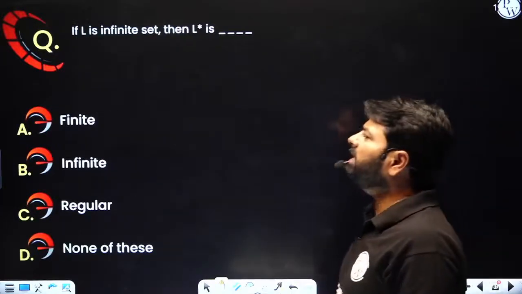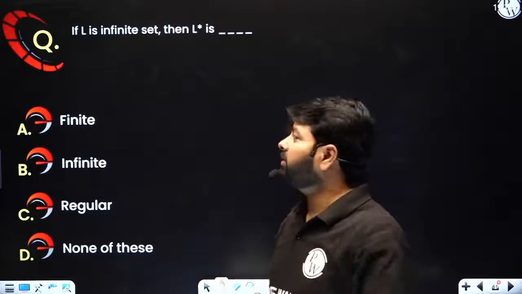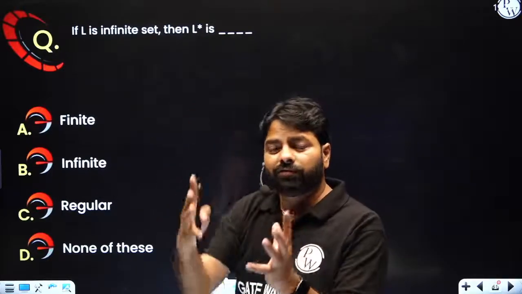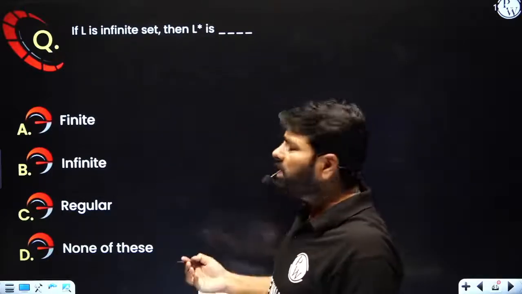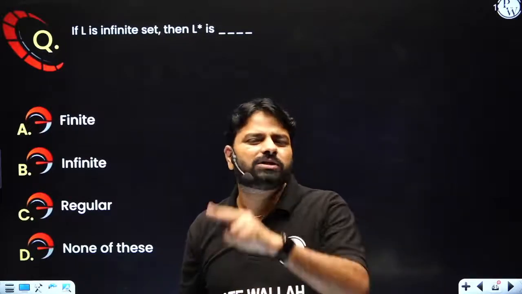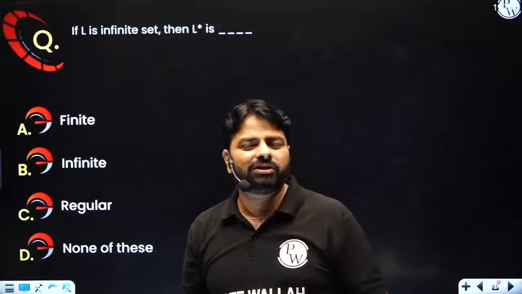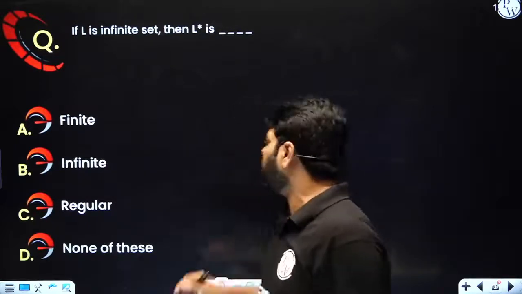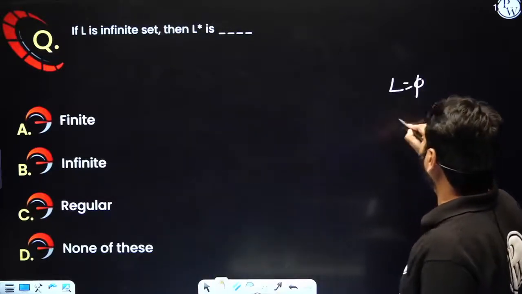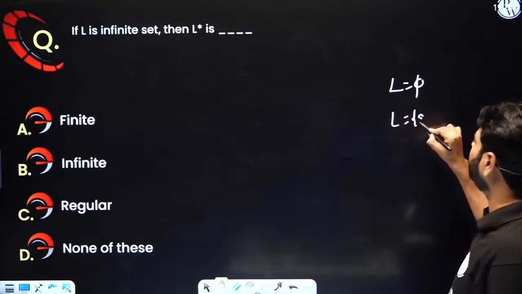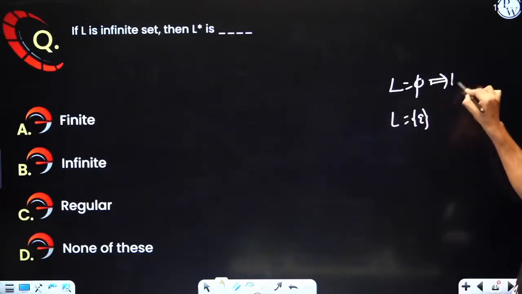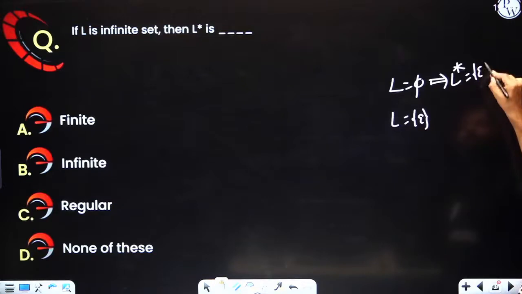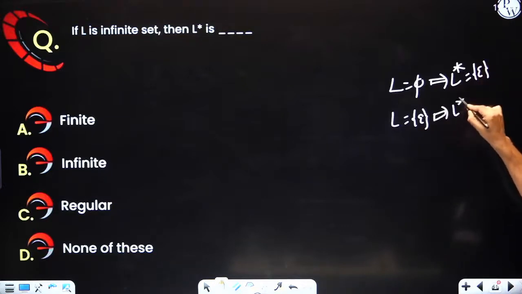Next, if L is infinite, then Kleene closure of infinite. First, I'll tell you why the Kleene closure of a finite set is not always infinite: because of two reasons only. One is the empty language, another is the language with only epsilon. If L is equal to empty, or L is equal to epsilon, under this situation only, L star gives you epsilon.